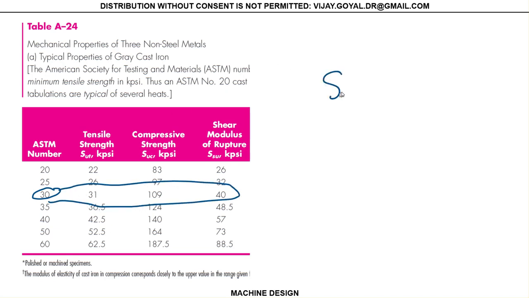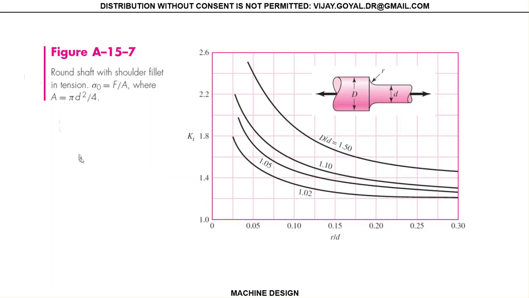Your ultimate tensile strength is equal to 31 KSI, and your ultimate compressive strength is 109 KSI. So that's given in the problem. In this problem we are going to need stress concentration factors because we are working with brittle materials. So let's go ahead and do that first before we keep moving on.